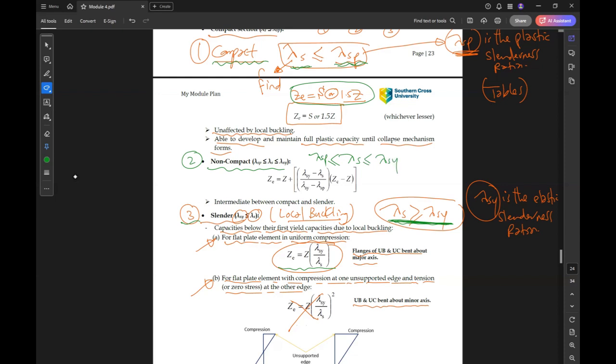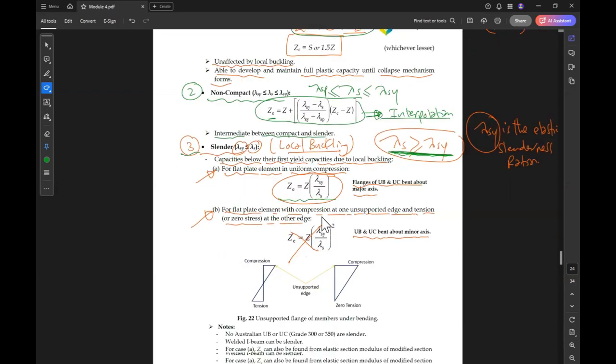In the middle, we take an interpolation between the compact and slender cases. So Z effective in this case will be Z plus (lambda sy minus lambda s) over (lambda sy minus lambda sp) times (Zc minus Z). This is called interpolation between the two formulas.